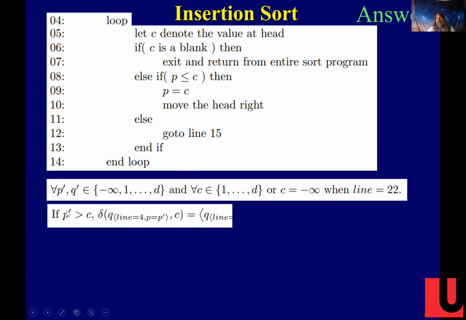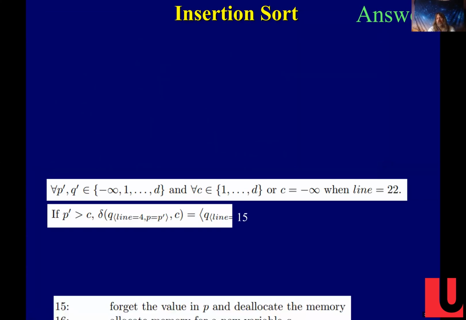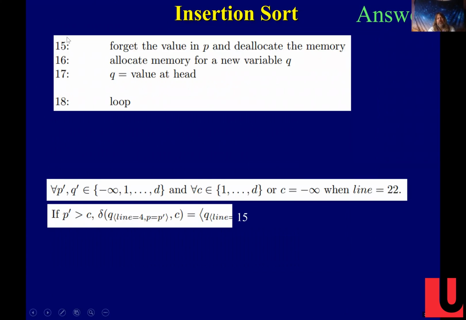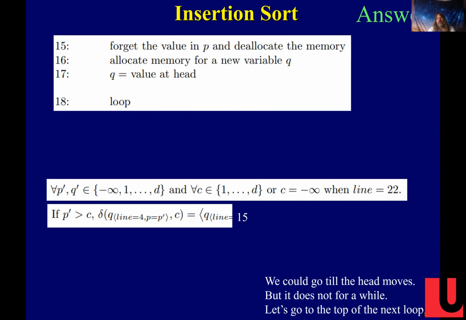Let's do a new case here when P prime happens to be bigger than C, right? What do we do there? We go to line 15, right? So here I said we could go to line 15, but look what happens at 15, nothing really. The head doesn't move for a while. Let's go to the top of the next loop, right?